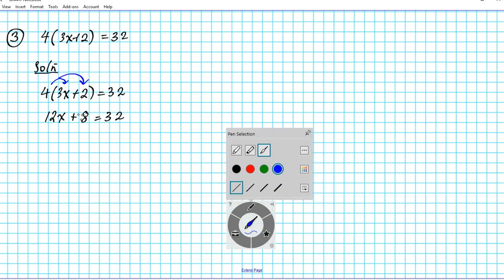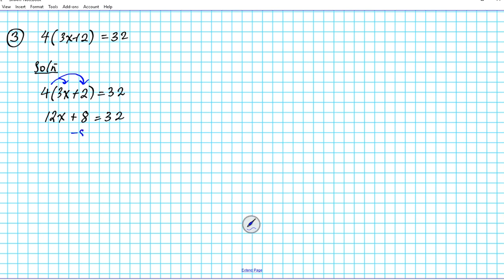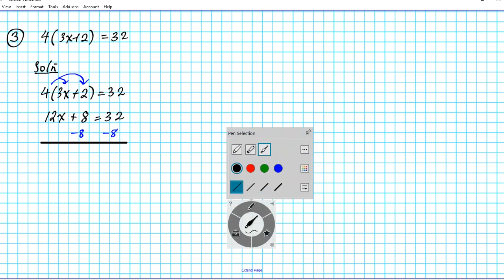Alright, so using the inverse operation of plus 8, we'll subtract 8 from both sides of the equation, and that will give us 12x equals 32 minus 8 is positive 24. And then to get rid of the 12, we'll divide both sides by 12, since division is the inverse of multiplication. That results in the final answer of x equals 2.